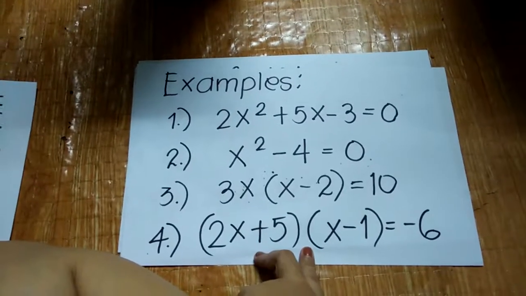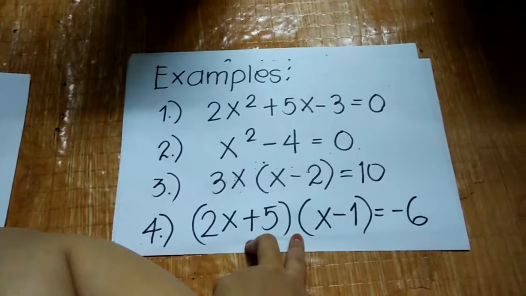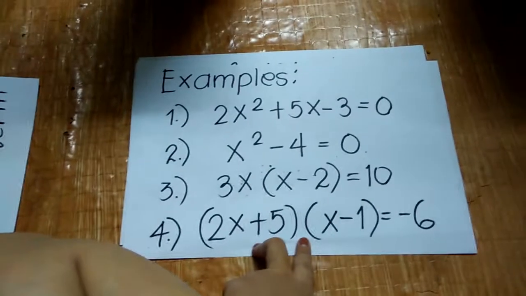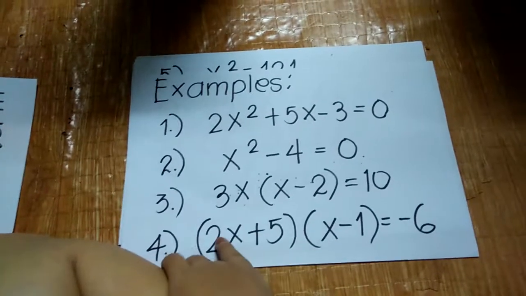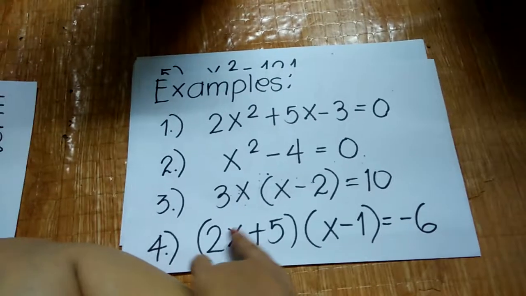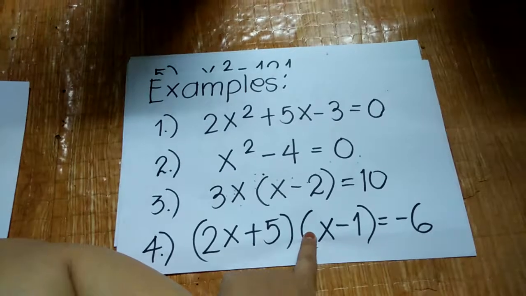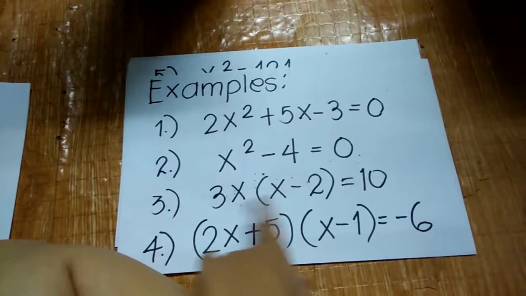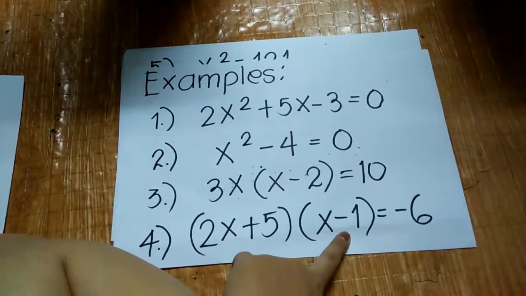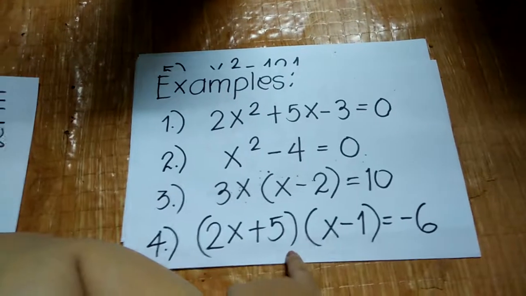Number 4. Okay, ganun din. This is an example of a quadratic equation because if you're going to get the product of the binomial, yung 2x plus 5, tsaka x minus 1, 2x times x is 2x squared. 2x times negative 1, negative 2x. 5 times x is 5x.